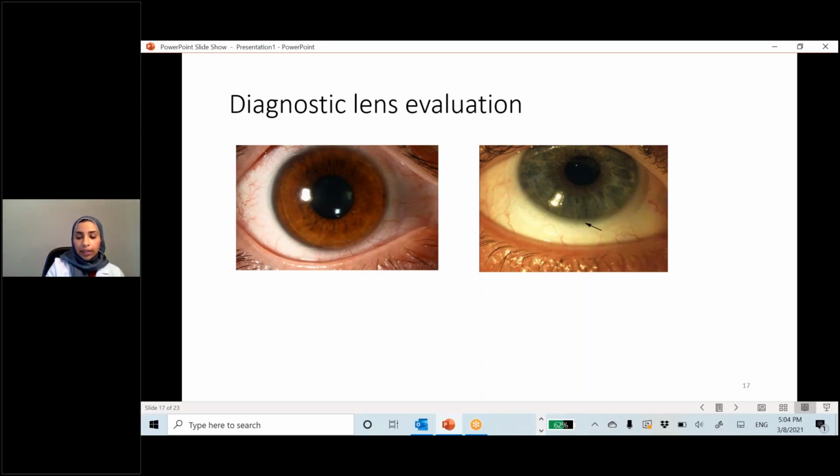Now, with the lens assessment, it's really important that you assess the lens within the first 5 minutes of application. So you don't want to put this lens on and send the patient out to the waiting area for 20 minutes. It's really important that you do assess this lens during that time point.